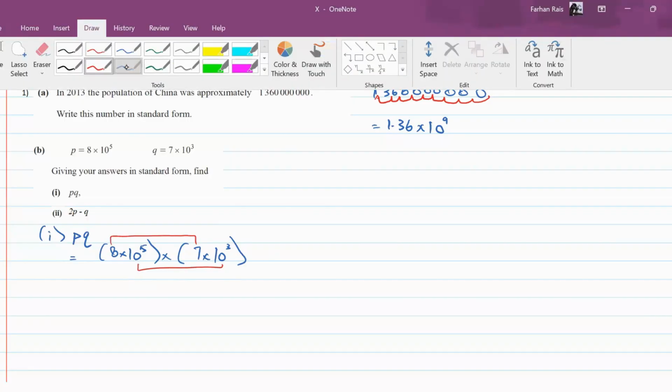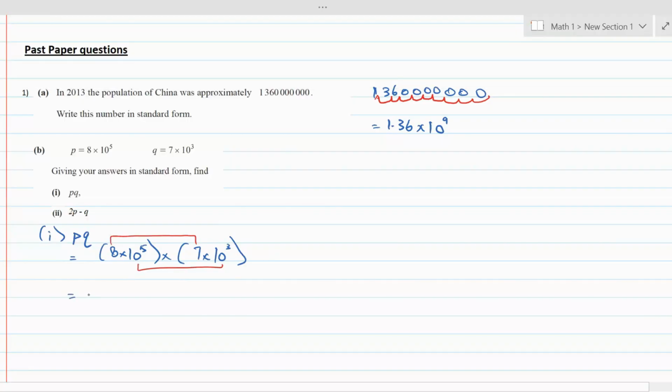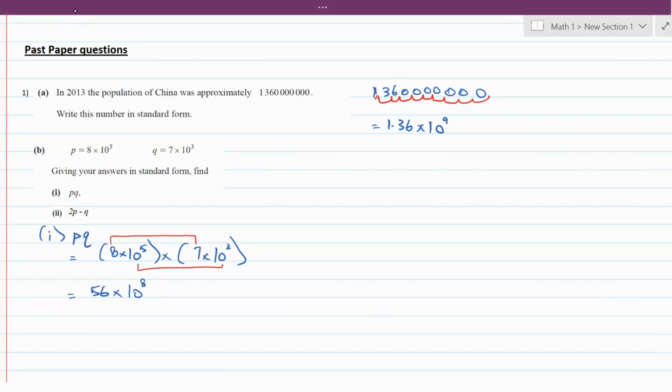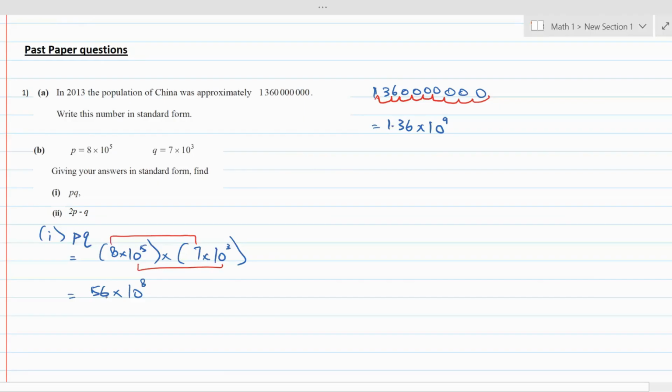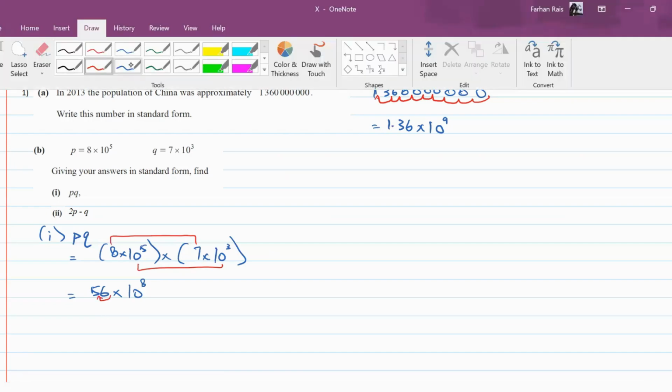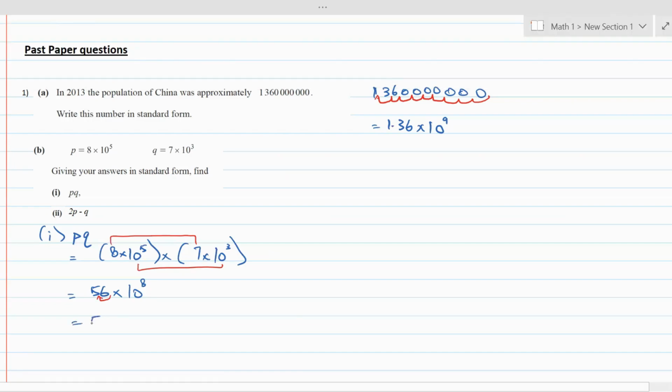So we have 8 into 7, that's 56, multiplied by 10 to the power 5 plus 3, that's 8. And 56 is not a number between 1 and 10, so a decimal has to be moved. From 56 it has to become 5.6. Finally, the answer would be 5.6 into 10 raised to the power, now it would be 9.